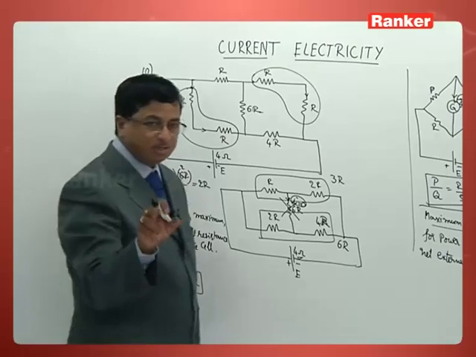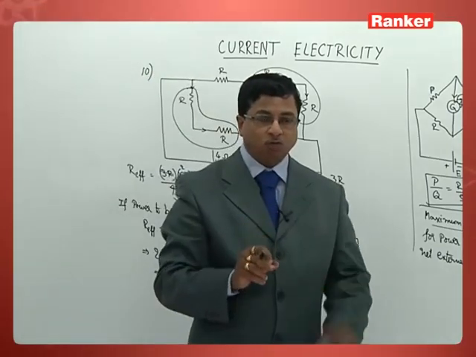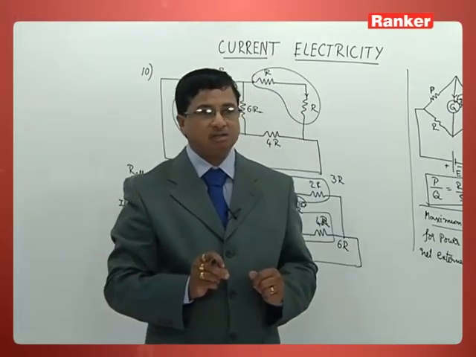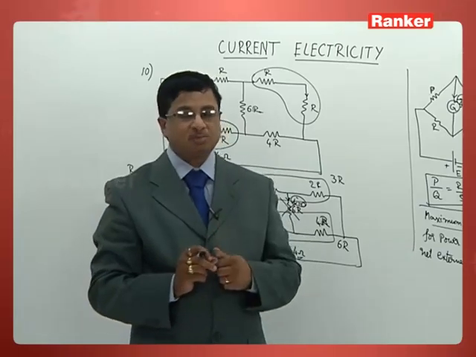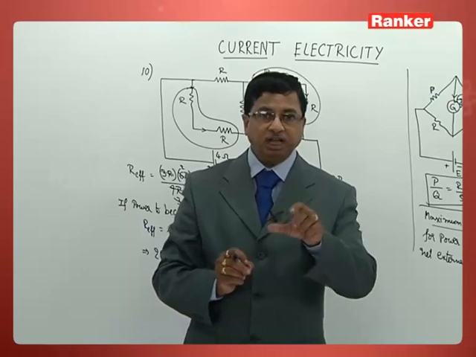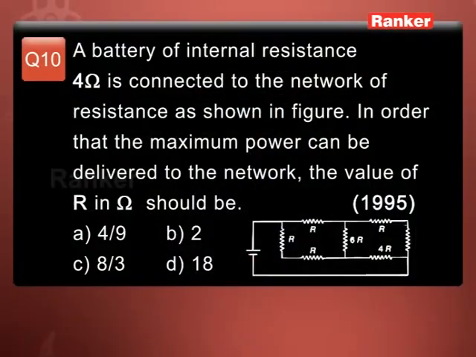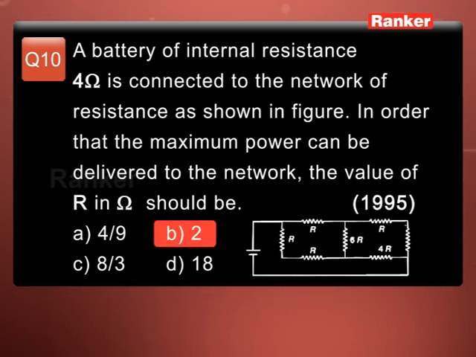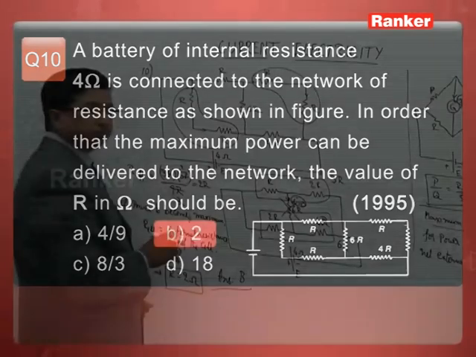Now see the options. Already I have given: 4 by 9 the first option, 2 ohm the second option, 8 by 3 the third option, 18 ohm the fourth option. So what is the correct option there? It is the second option which is correct. So R should be 2 ohm. Therefore, the answer will be the second one, B.